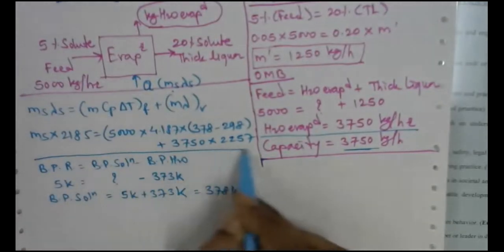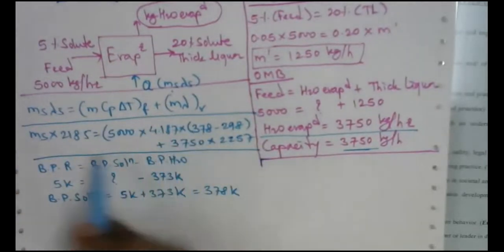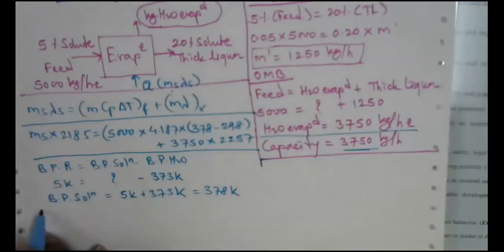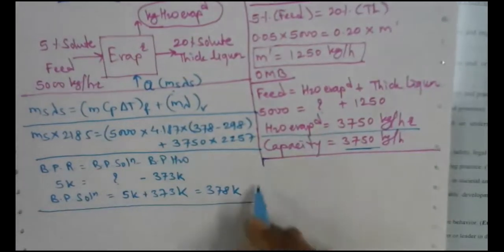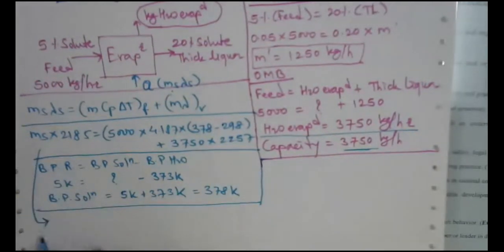If you observe this equation, only one term is unknown, that is Ms. So from this equation, we can calculate Ms as 4640.1 kg per hour. Right?